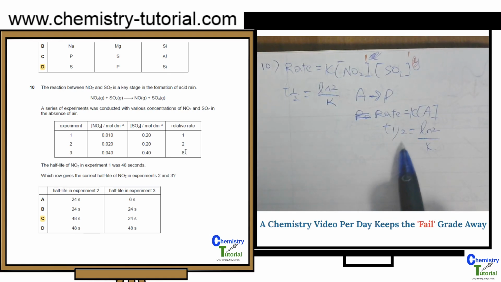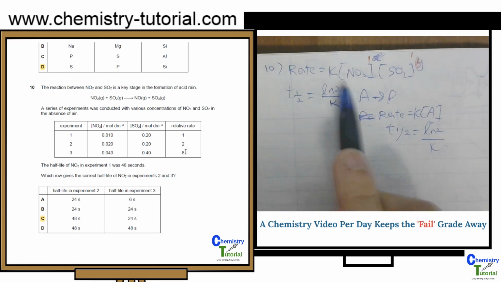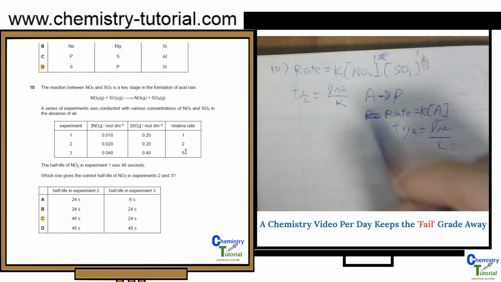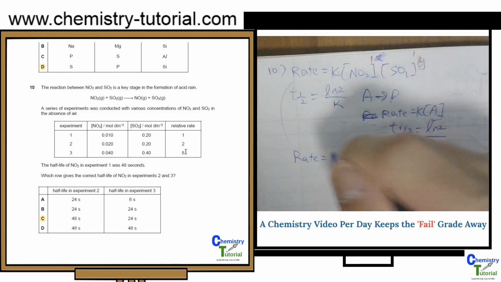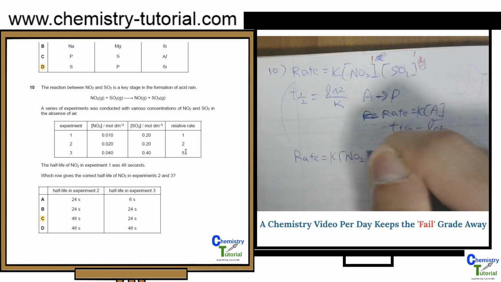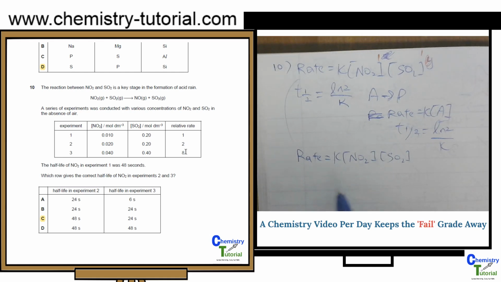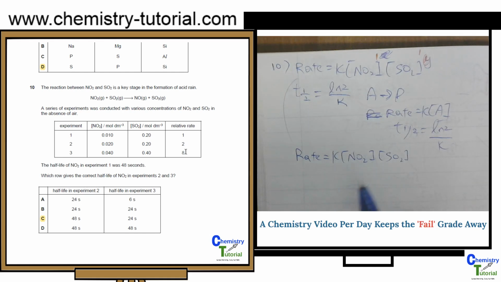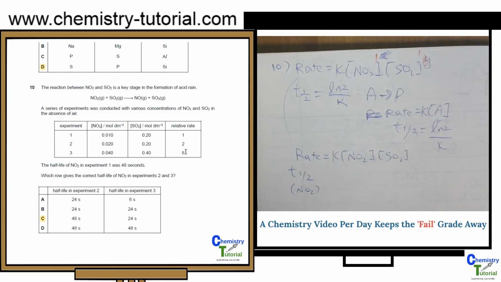Now, take note, if you are trying to find the half-life of A, the A cannot appear here. If you understand this critical factor, now we can solve this question. Rate equals K[NO2][SO2]. Because the question told us that the half-life of NO2 in experiment 1 was 48 seconds, this half-life is meant for NO2.